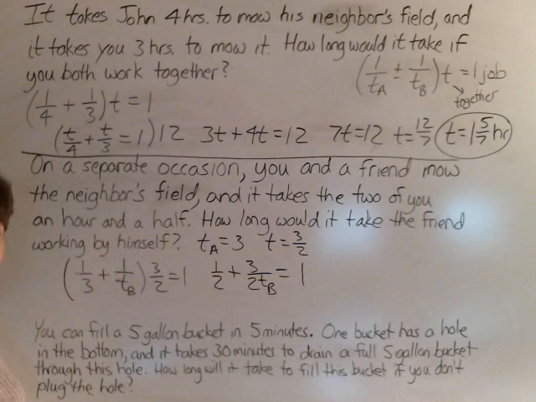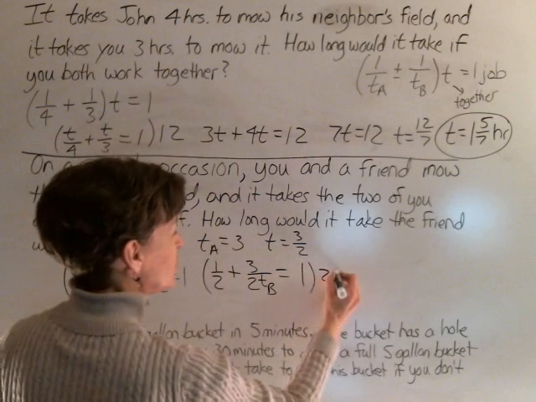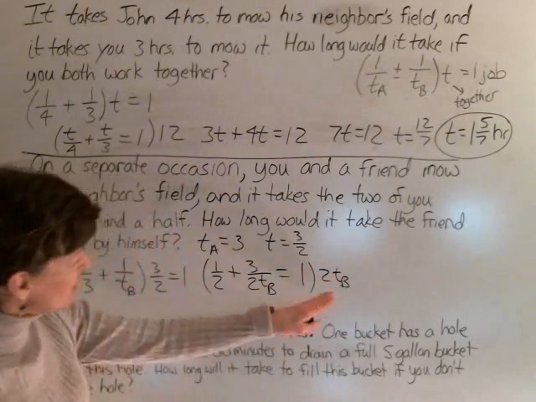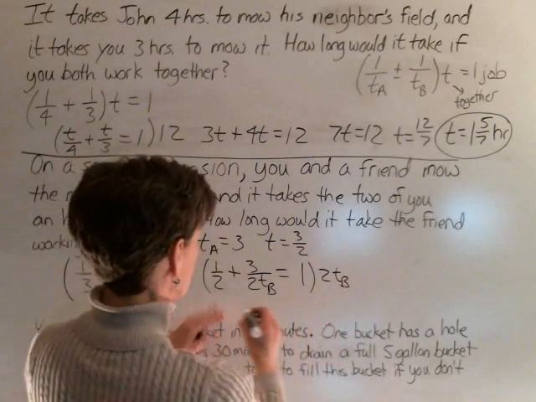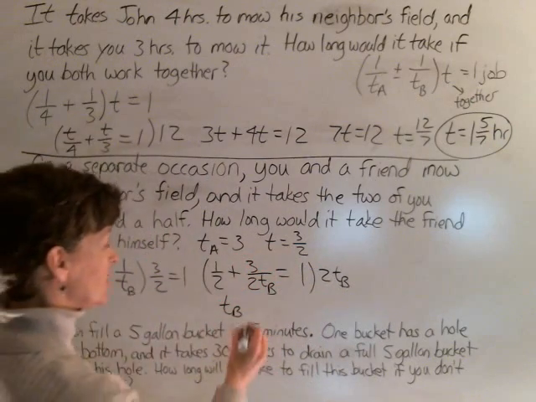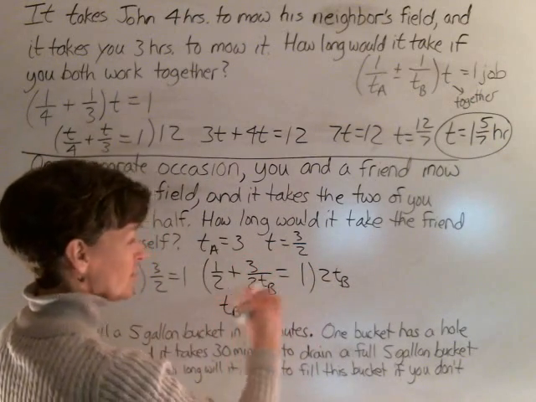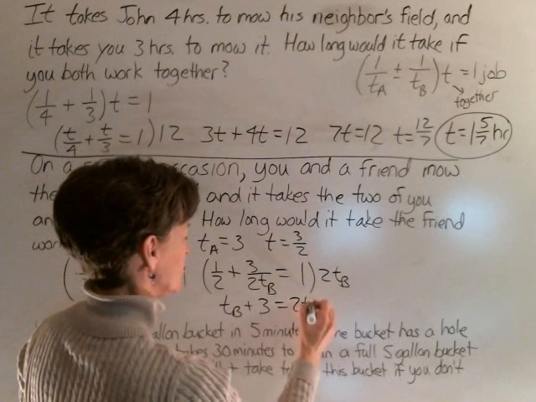Well, now I'm going to multiply to get rid of my denominators, so I multiply the entire equation by 2 TB. Well, when I multiply this first term times 2 TB, the 2's cancel, and I just get TB. When I multiply the second term times 2 TB, I get plus 3, because all of that cancels, and then 1 times 2 TB is 2 TB.